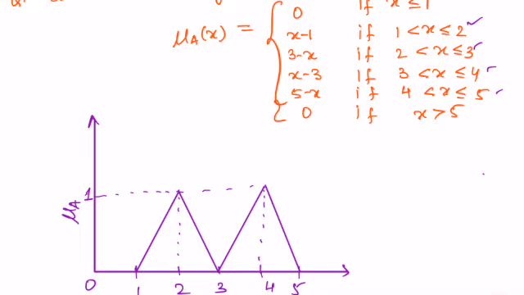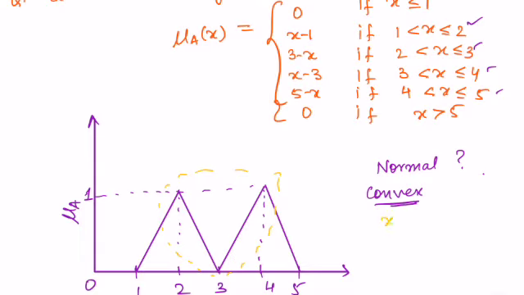Now I have one question here. You have to tell me, is this set a normal fuzzy set? Second, is this set convex? Regarding convexity, there is a dip in the figure. You can see this dip in the figure. So that is why you can directly say that this is a non-convex fuzzy set. But I need a point. You have to tell me a point in the comments.